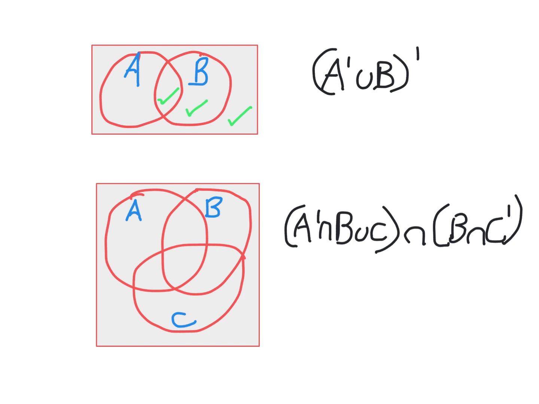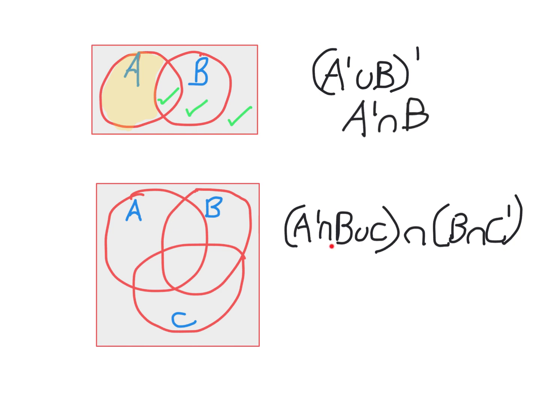So I want to shade in everything but these three regions, which of course just leaves this part here. So here we are and we're done. Just note that this is exactly the same region as not A and B. You can write regions in a Venn diagram in different ways.